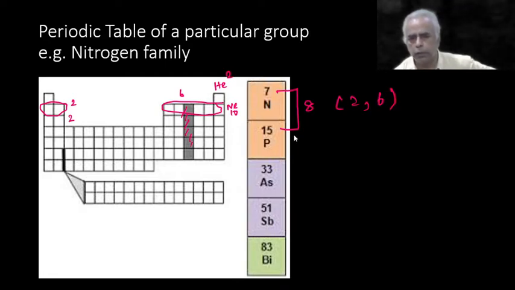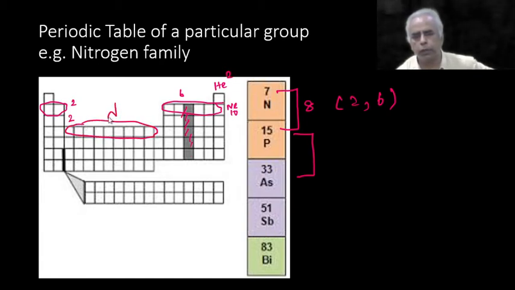And similarly from 15, you can add not 8 but 18, because it has come across the d orbital, which has a maximum of 10. So you have to add 2, 6 and then 10. It means 18.